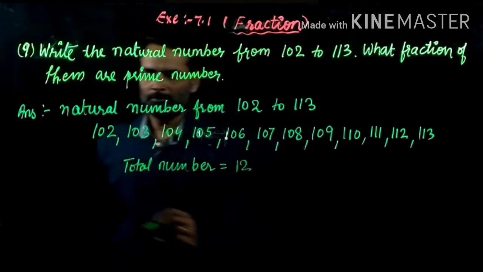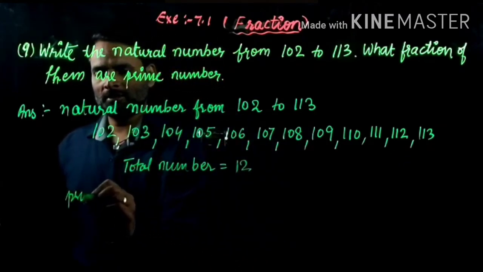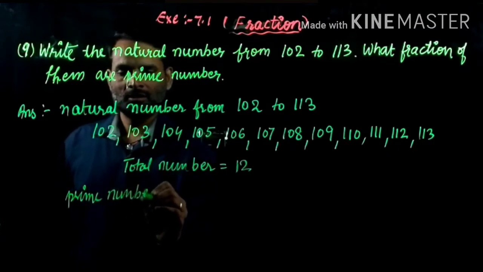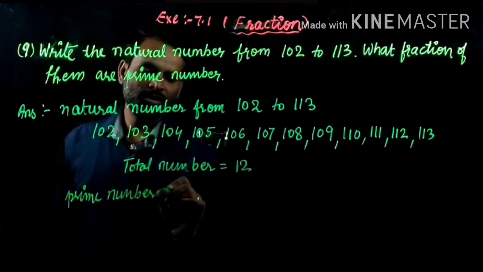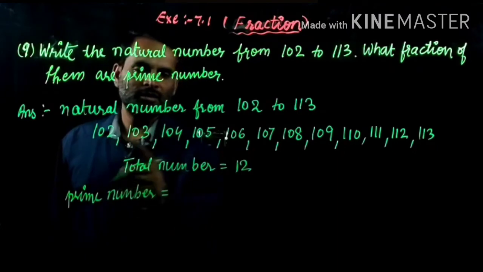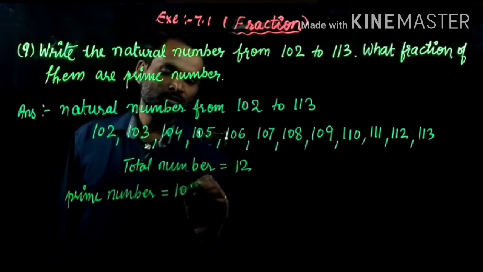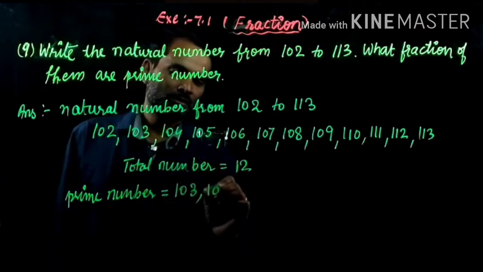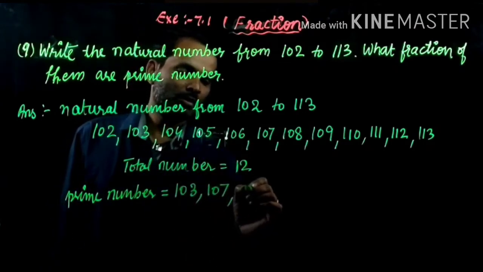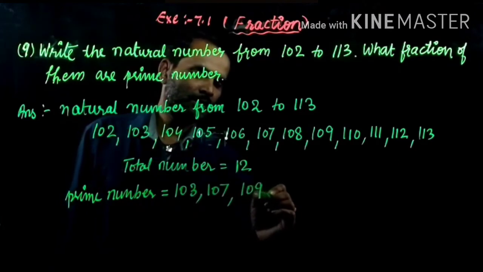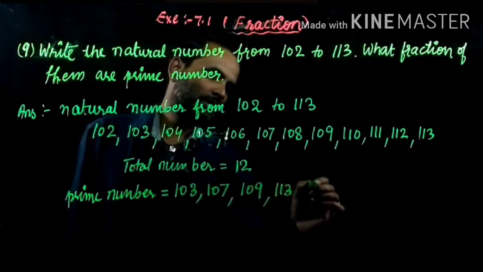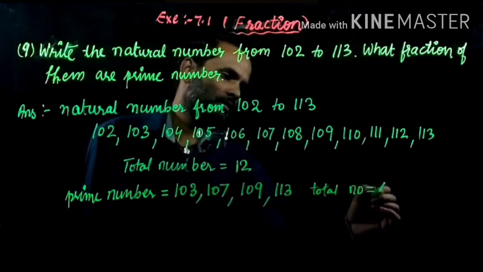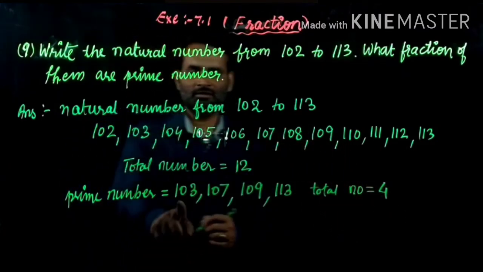Okay, and now identify the prime numbers. A prime number has only 1 and itself as factors. Here they are 103, 107, 109 and 113. Their total number is 4.